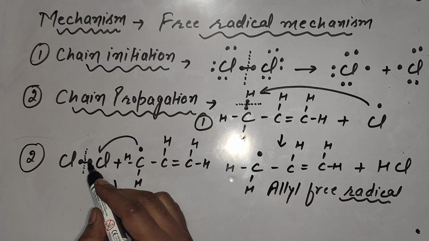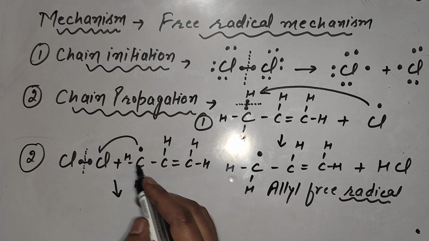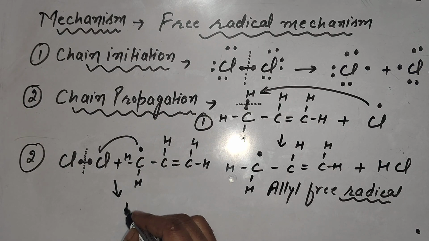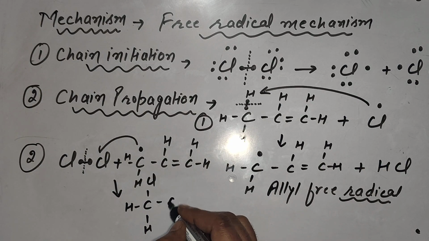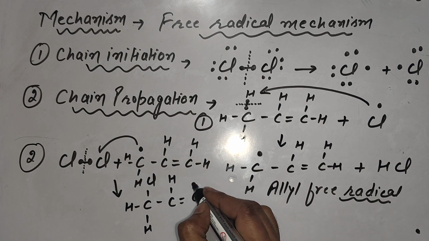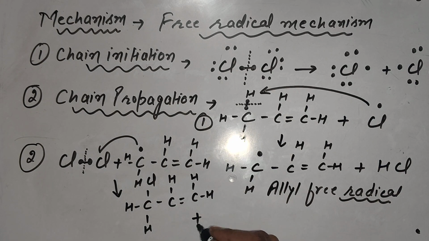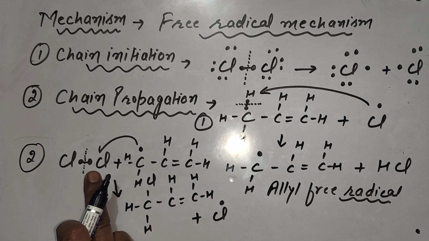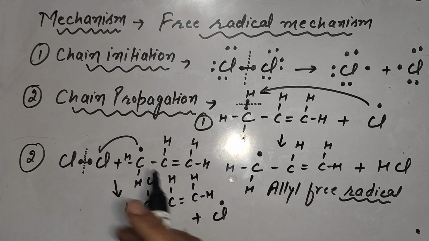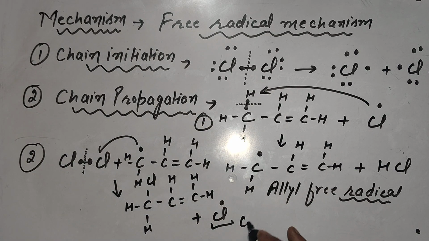This unpaired electron will make a bond with this chlorine's unpaired electron, and the products will be this: this chlorine is joined with this carbon, and this other chlorine will generate out as a chlorine free radical.